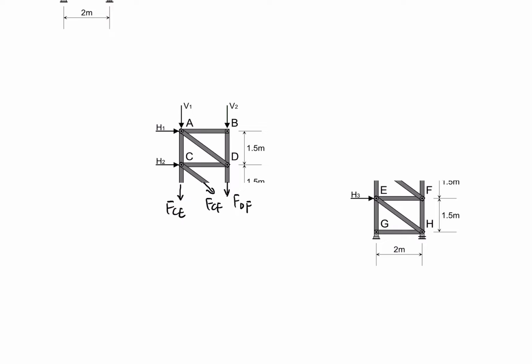Okay, this is the first choice. The second choice, we can do analysis on the bottom part. If we put the member forces over here, they are FCE, FCF, and FDF.